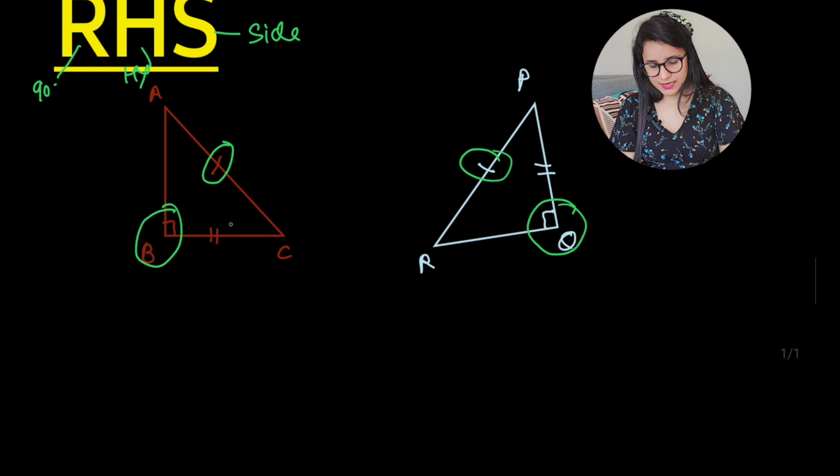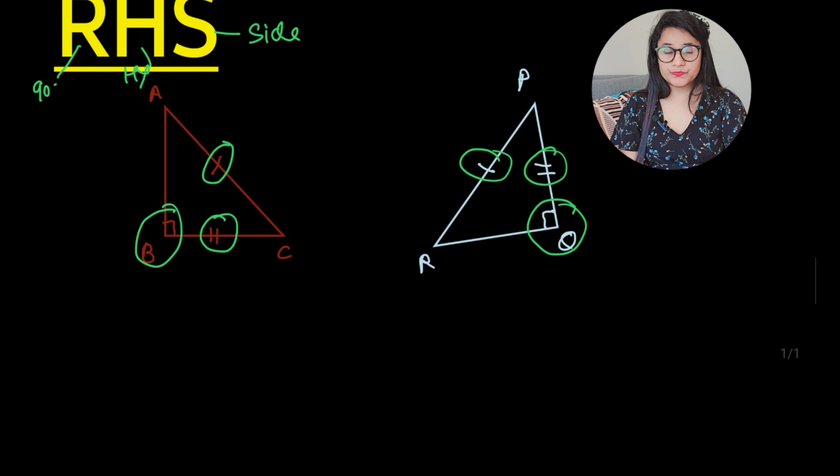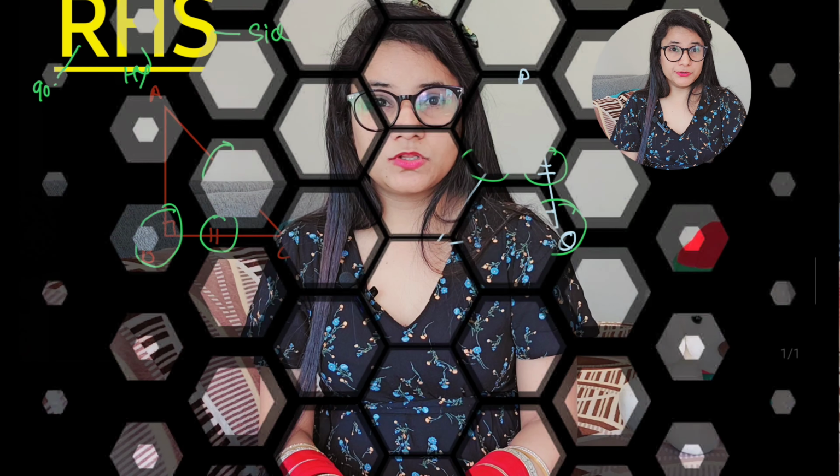And the side BC is equal to side PQ. Okay, so this type of property is applicable for 90 degrees in the triangle. Sometimes it happens that in a figure, it will be a right angle triangle, but the hypotenuse will not be equal. So you can't use this particular property in that question. We will deal with that example in the next video.